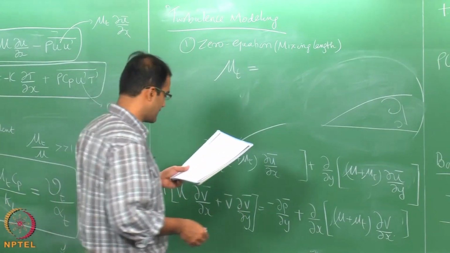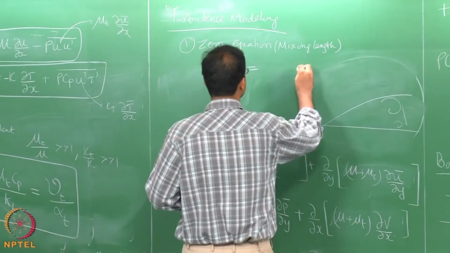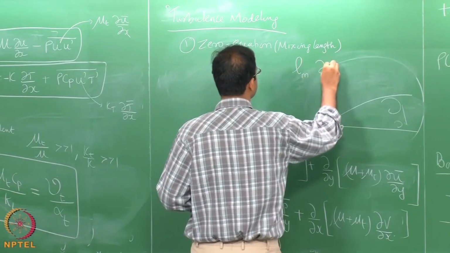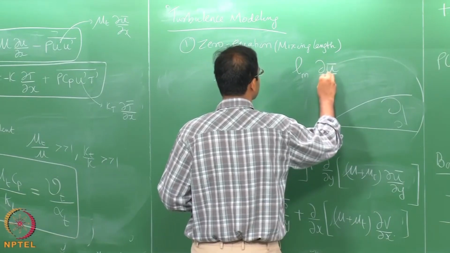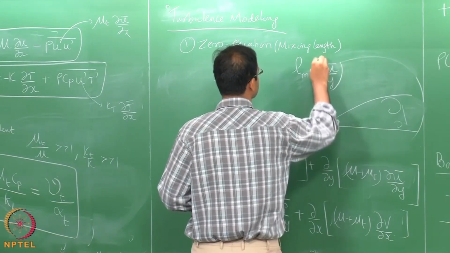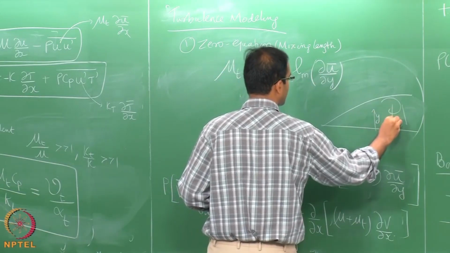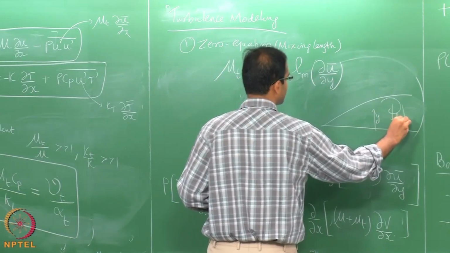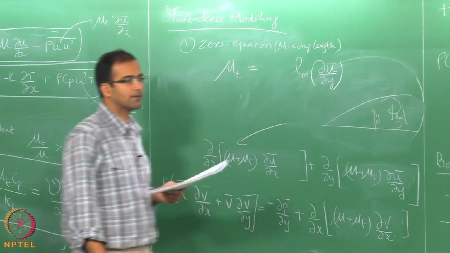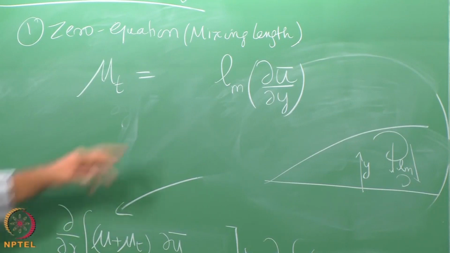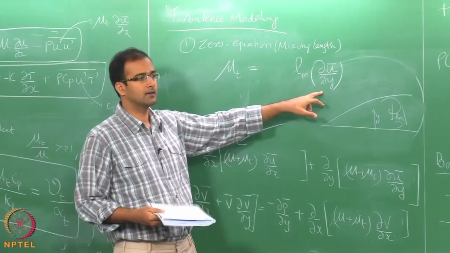He represents the velocity scale to be a function of the mixing length times the derivative of the mean velocity. For example, if this is your y, and you have a certain mixing length Lm, the corresponding velocity scale of turbulence is given by Lm into d u bar by dy.